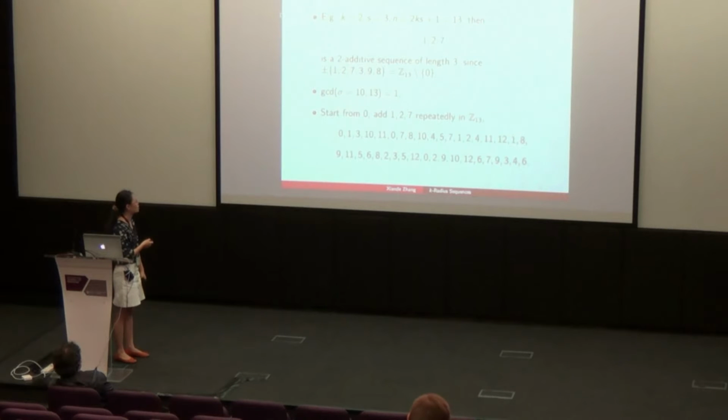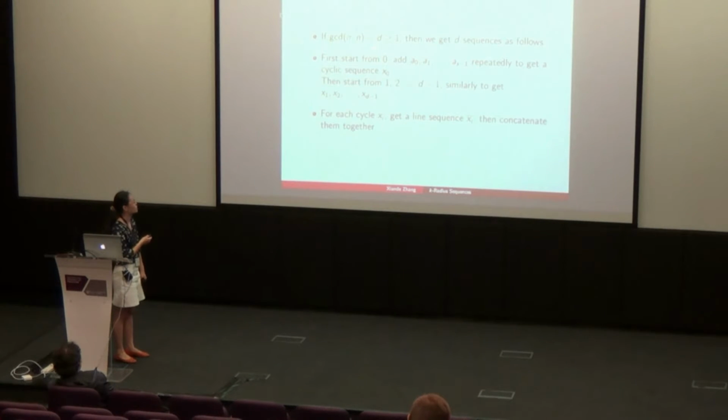So if the GCD is bigger than 1, suppose it is D, then you can get D cycles by this method. You can start from 0, then add these elements repeatedly to get x0, then you start from 1 to get x1, which is also a cycle. Start from 2, then up to D minus 1, and you get in total D cycles.